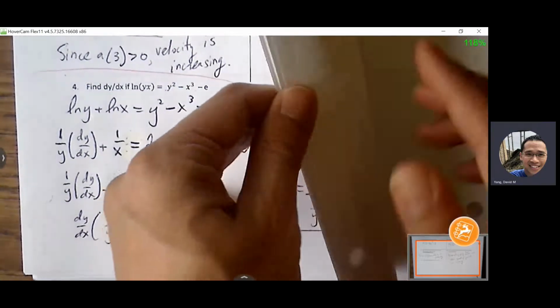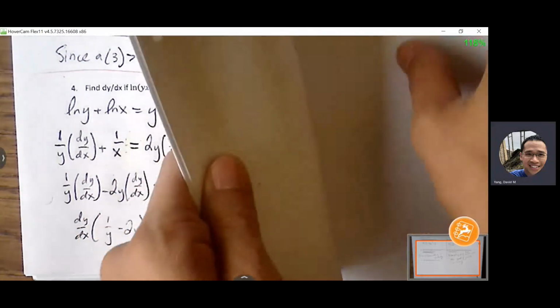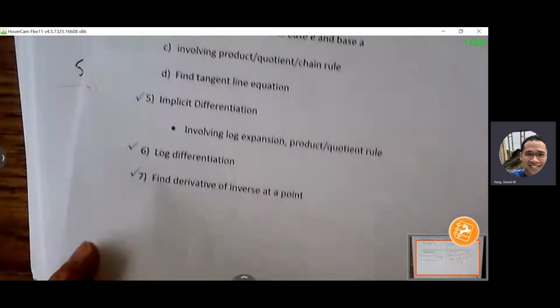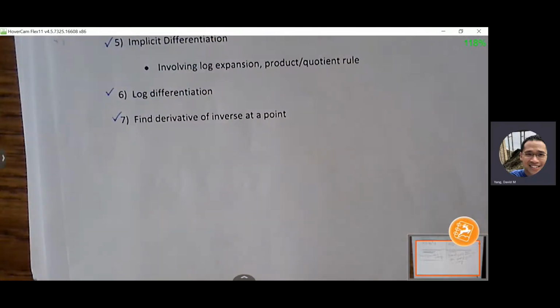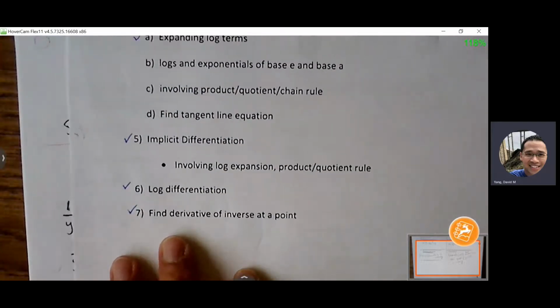Okay, any questions here? Okay, if you guys can get out a sheet of paper, I want us to hit some of the smaller problems here.